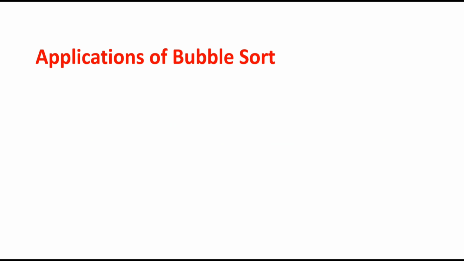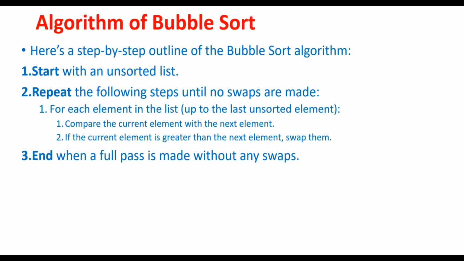Next, we move on to the algorithm of bubble sort. Here is the step-by-step outline of the bubble sort algorithm. First, start at the beginning of the array, with the unsorted list. Repeat the following steps for each element in the list up to the last unsorted element. Compare the first two adjacent elements.